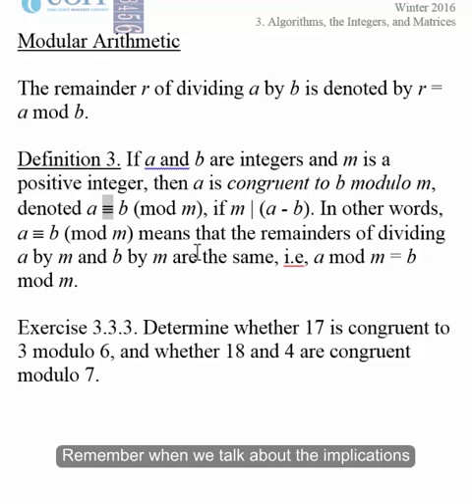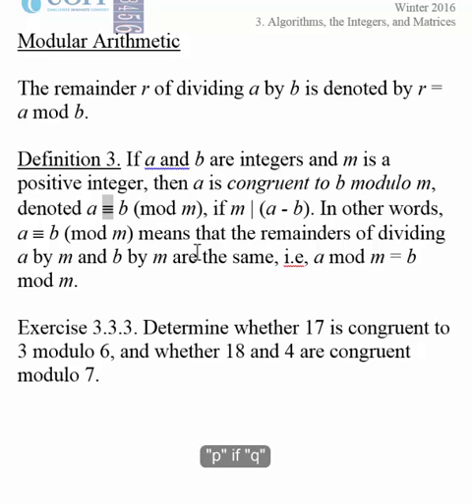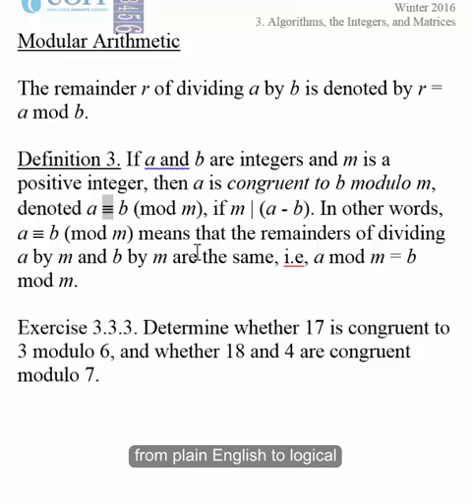Remember when we talked about implications and how to interpret implications from plain English? This is one of those cases. You have P if Q. That means Q implies P, right? So don't forget these translations from plain English to logical expressions.